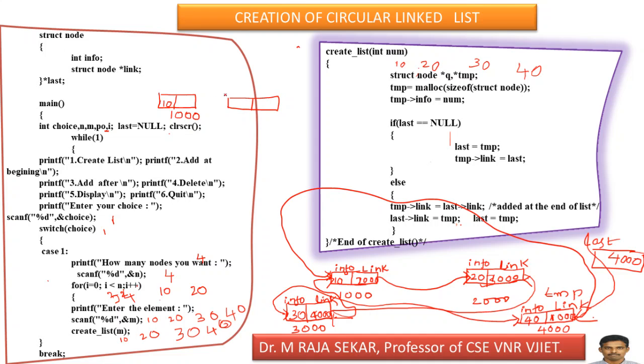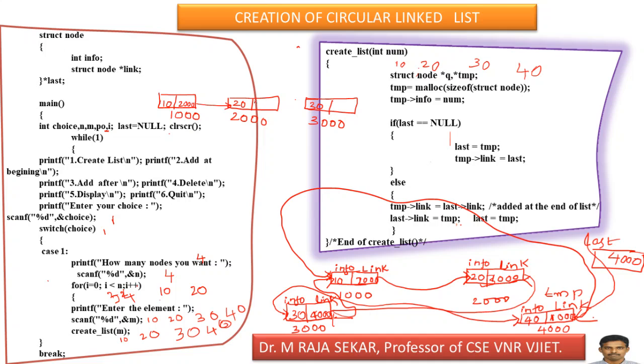Here 20, and here 2000. This must be 2000. Let me say this one is the third node, whose address is 3000.